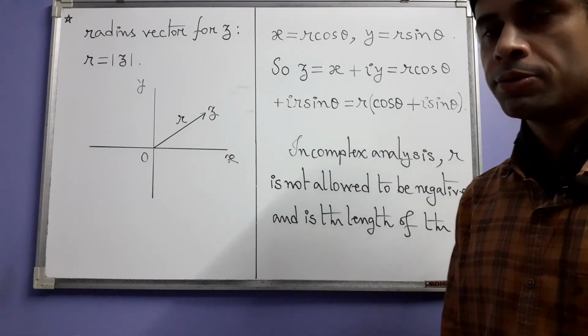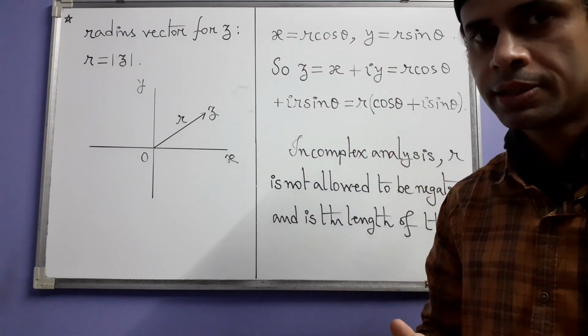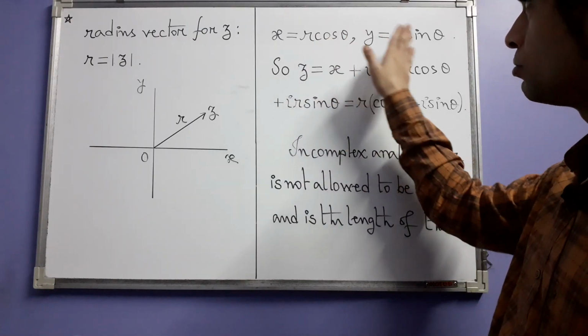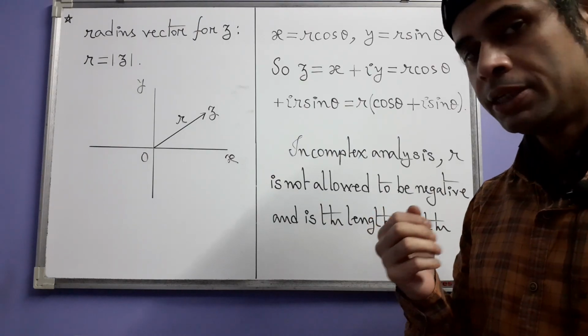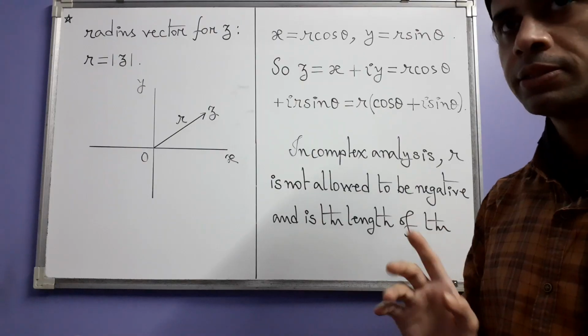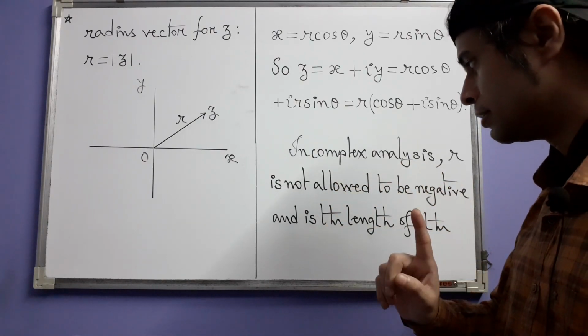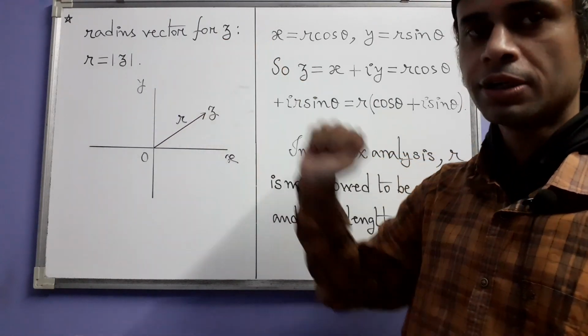As you may know, there are infinitely many possible values of r and theta for a given choice of x and y, such that these two equations are true. And actually r can be negative also in general. However, in most applications and also in complex analysis, r is not allowed to be negative and is the length of the radius vector for z.